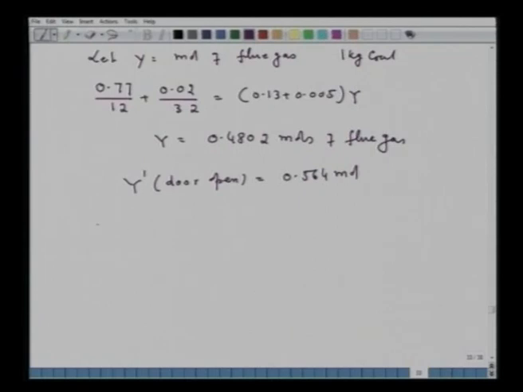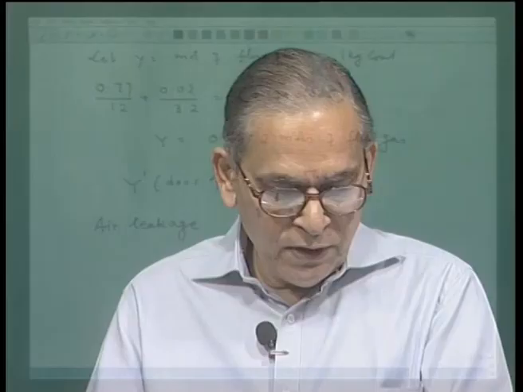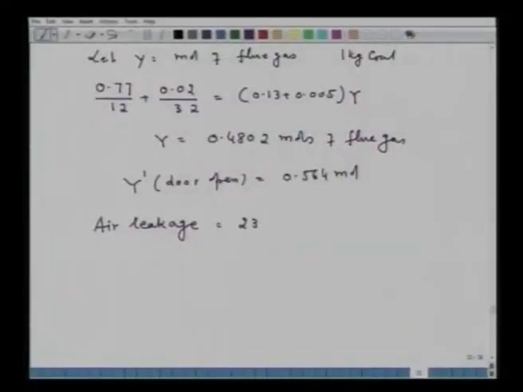So, I can find out the air leakage by doing the nitrogen balance. You can perform it yourself. For the air leakage, you have to find out from the nitrogen balance the air in both the cases. If you do that, you will get 23.51 meter cube per minute for 750 kg per hour coal.